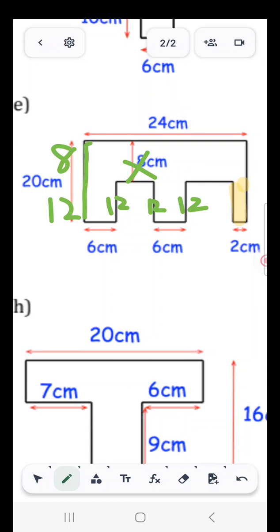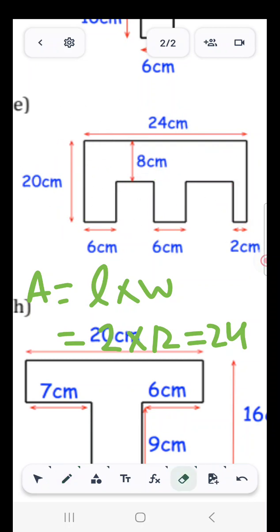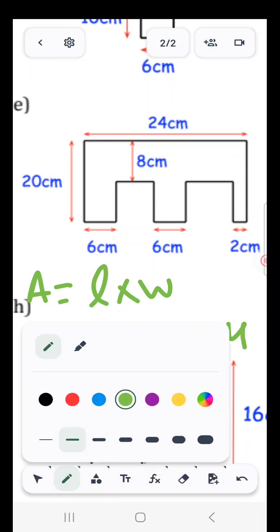That means area, which means length times width, is actually 2 times 12, which makes 24. Okay, now I will be rubbing out all unnecessary things, and now I will be using the red color.